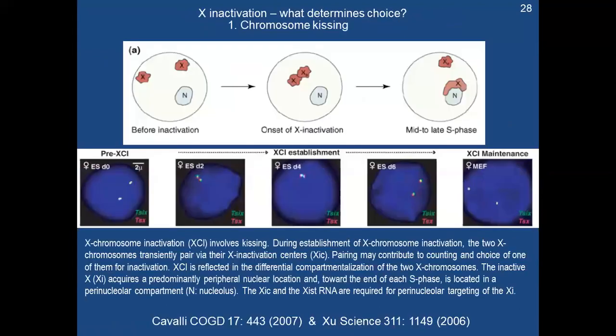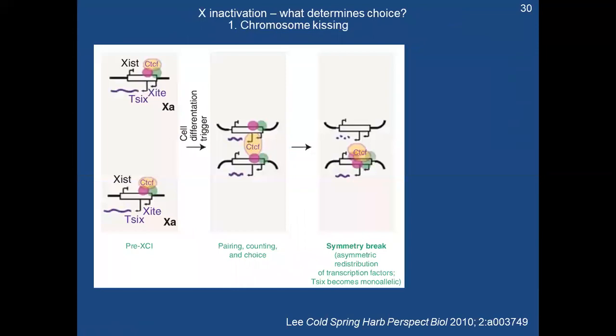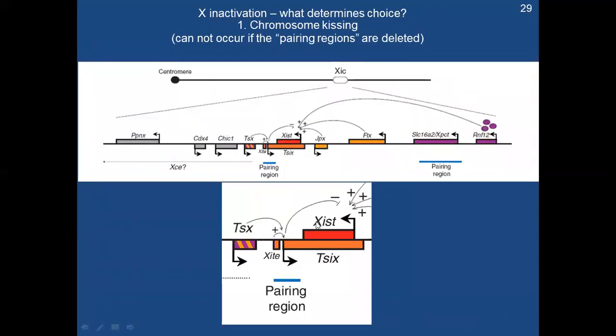Sorry, I'll skip this. All right. Now, let's go over this. When these two chromosomes before inactivation eventually touch each other, then separate, and one becomes inactive, this is what goes on.